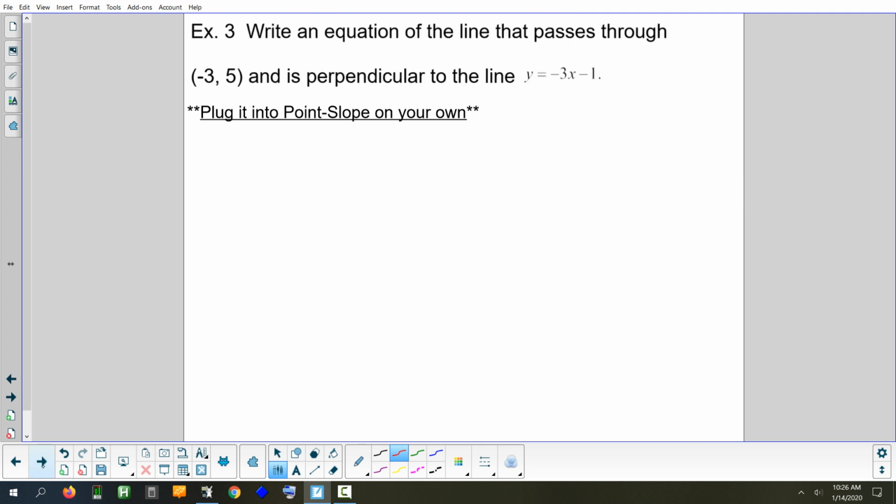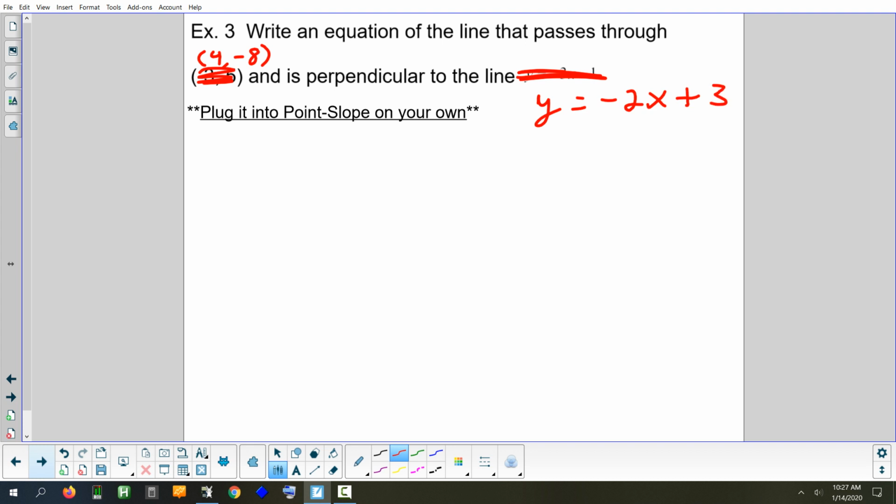All right, I'm going to change this one a little bit. On yours, it's still example 3, but let's change the coordinate to 4, -8, and let's change this to y equals -2x plus 3.